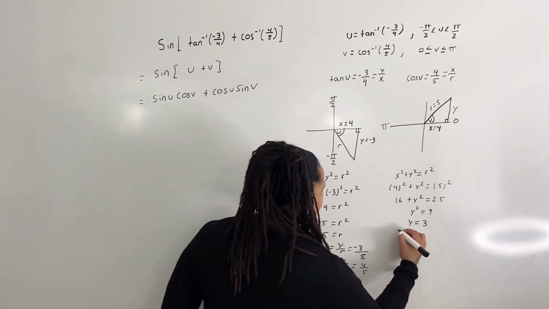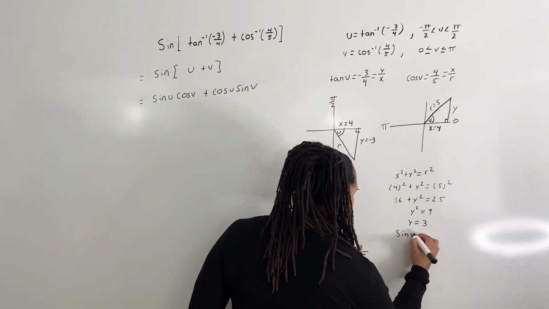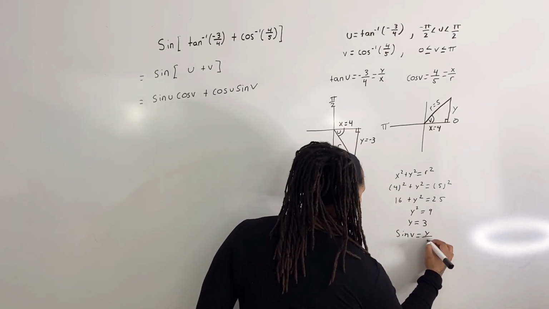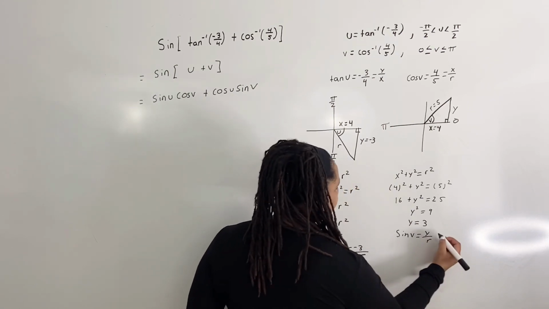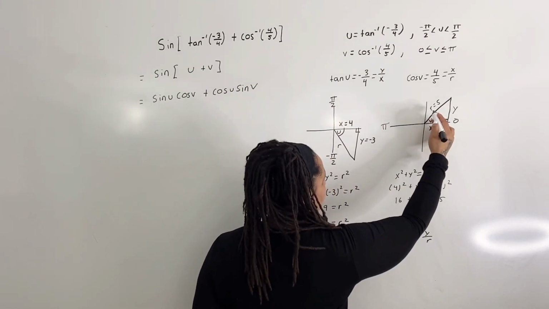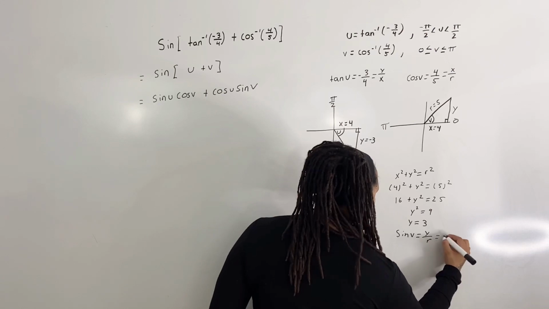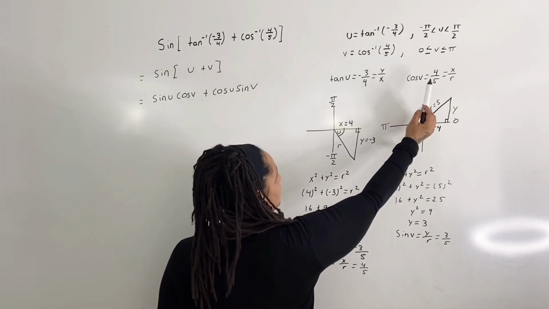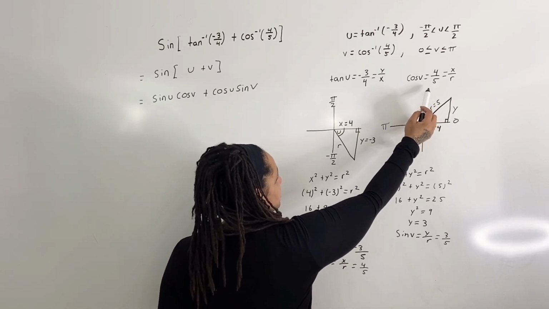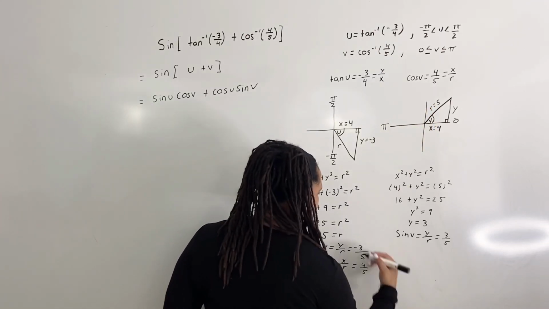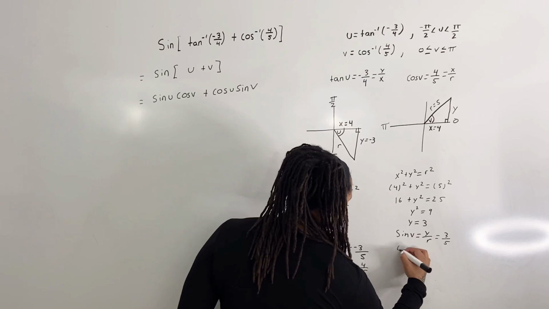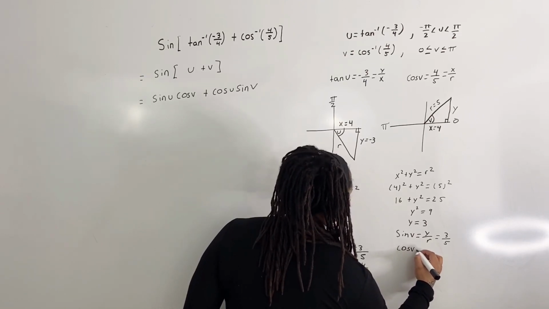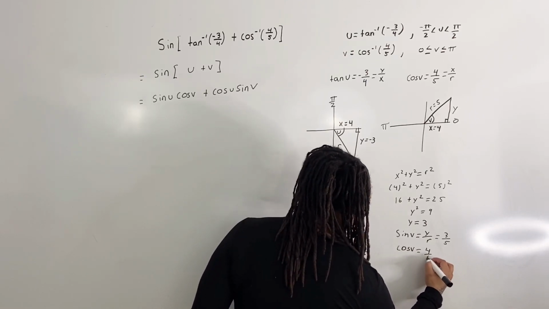So this means that sine of v is equal to my y value over my r value, which is 3 over 5. And cosine of v is 4/5, but I'll just go ahead and rewrite it so we have it all together.